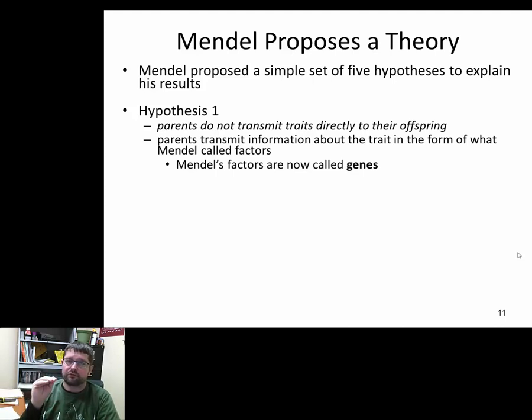So this was in direct regards to, at the time, different scientists in the 1800s that were saying that if you had a certain trait, you could pass that directly to your offspring unchanged. Okay? And those were kind of Lamarckian ideas.